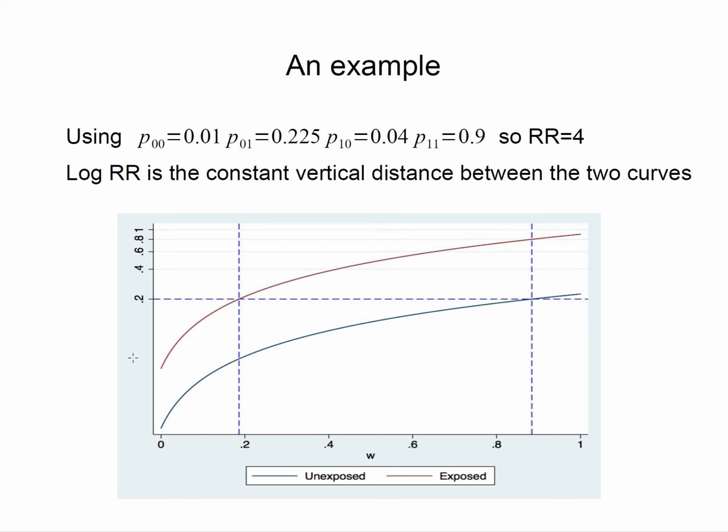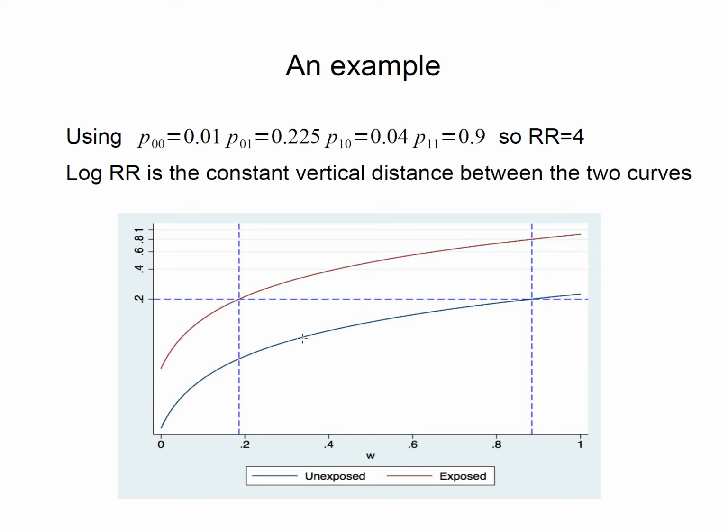That means that these two curves, the red curve for the exposed and the blue curve for the unexposed, are parallel curves. And the vertical distance between the red and the blue is the assumed common risk ratio.